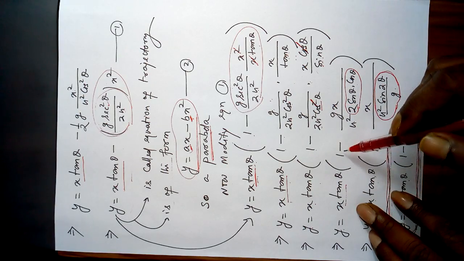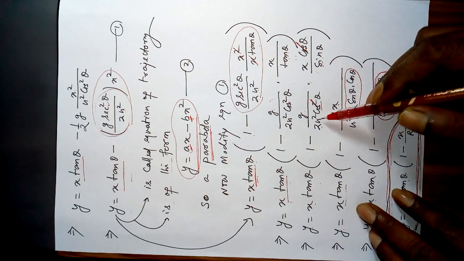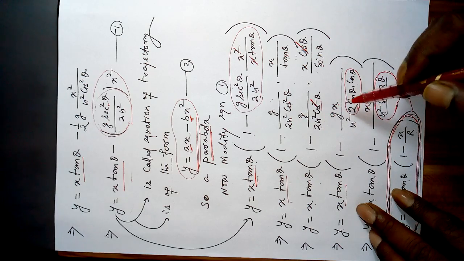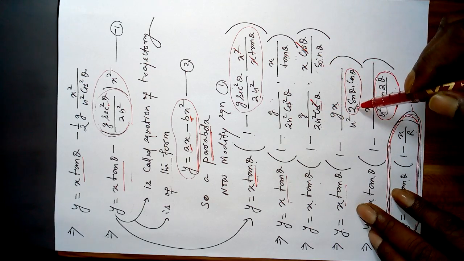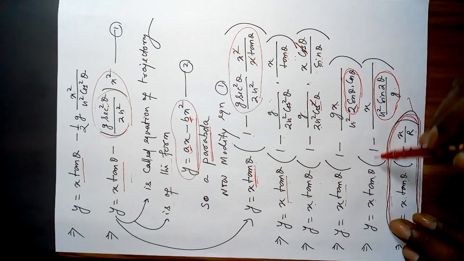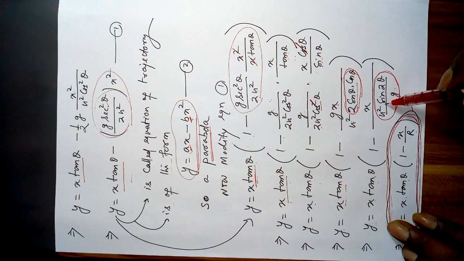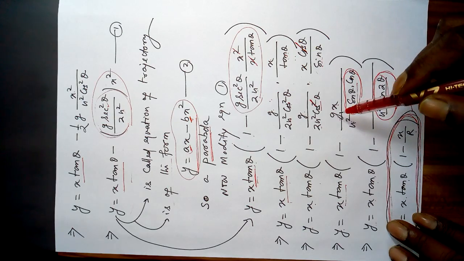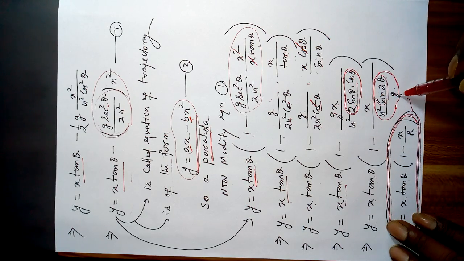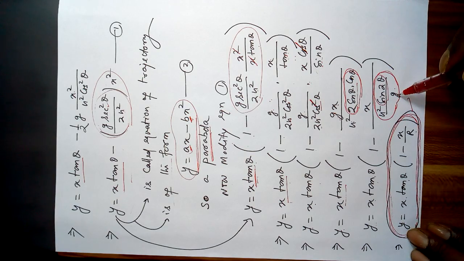So x tan theta, this is 1 minus g x over u square into 2 sin theta cos theta. So this much part is nothing but your sin 2 theta. Same thing as this much part is your sin 2 theta. And I bring g from the numerator to the denominator. It was multiplied here, so when it comes to the denominator, it will be divided.